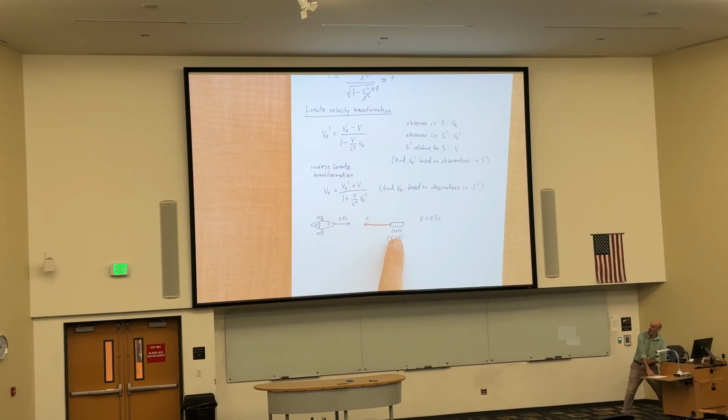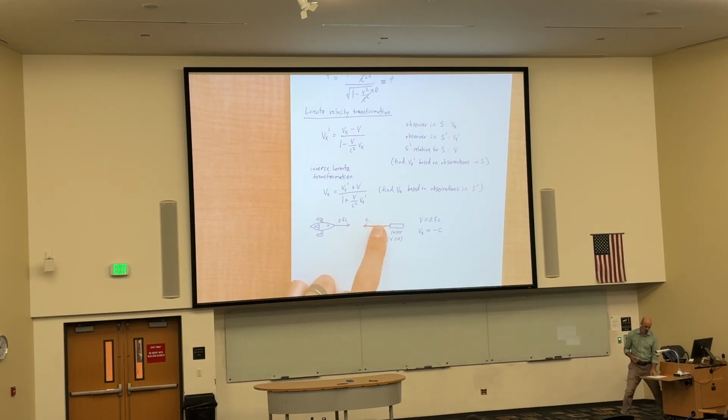We're assuming we're in the reference frame of the laser, and the spaceship is traveling in that direction. We know that Vx, in this case, is equal to minus c. Usually we take the positive direction to be to the right, so if this laser is firing to the left, it has a velocity to the left. You still have to obey vector directions when you're doing things like this.